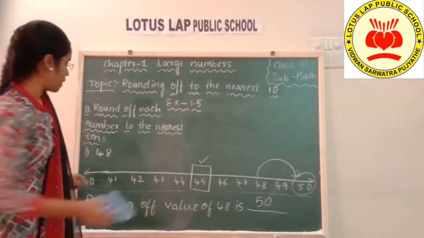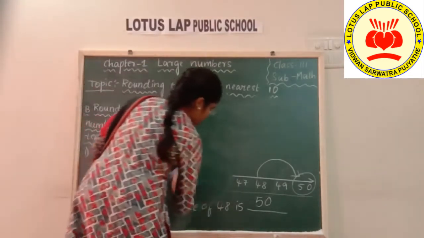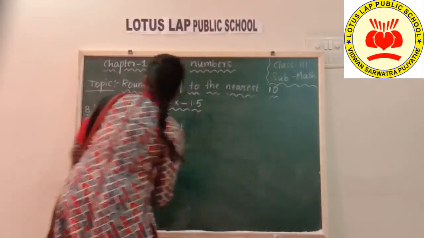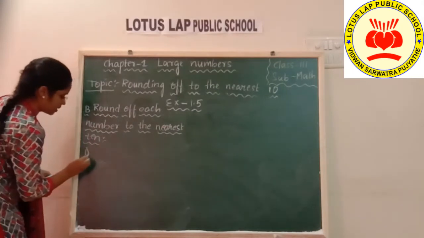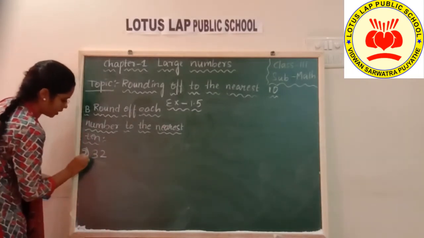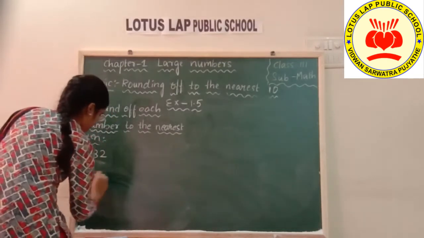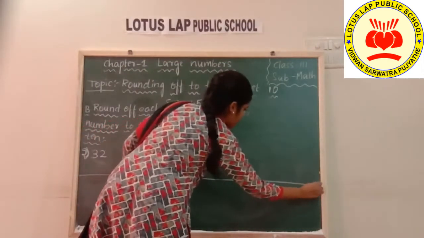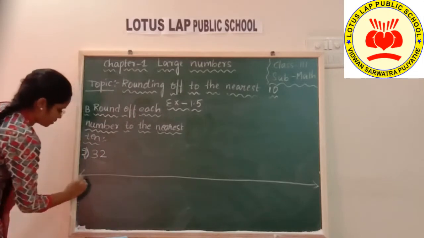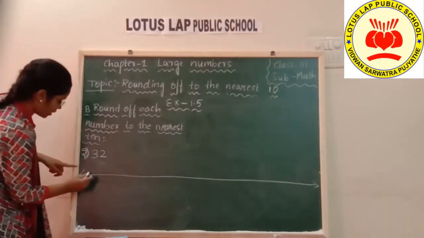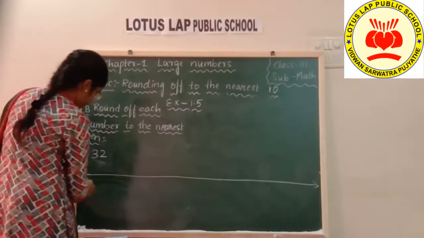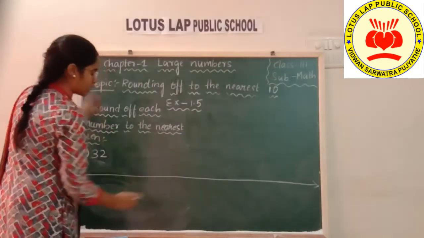Next, one more example we shall see, children. One more example is 32. Now I am taking a number line again. On the number line we should write the two tens values.